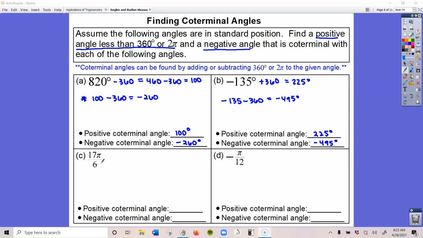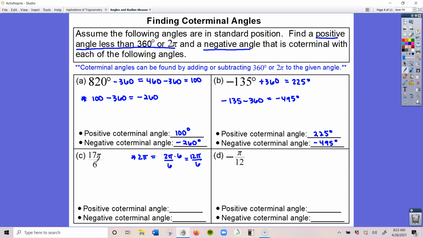So what we're going to do is get 2 pi, and we need a common denominator, which would be 6. So I put 2 pi over 6 and I'm going to have to multiply the numerator by 6, which is 12 pi over 6. So 12 pi over 6 is 2 pi, because 12 divided by 6 is 2.